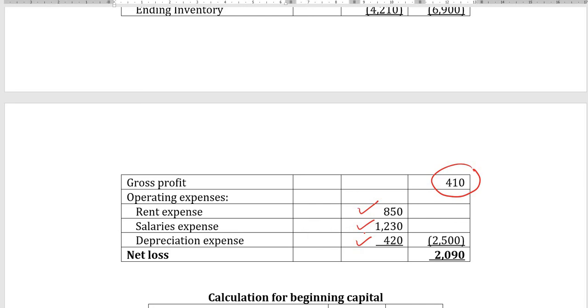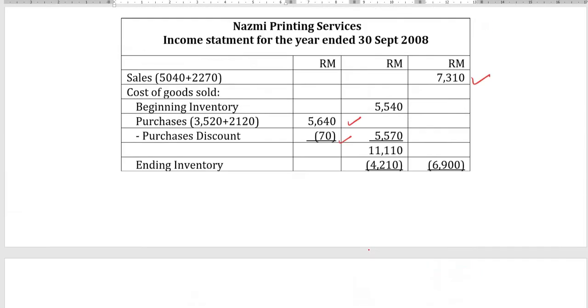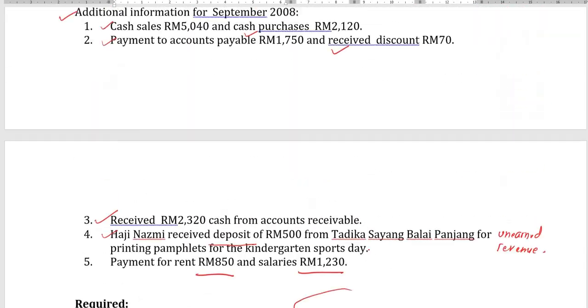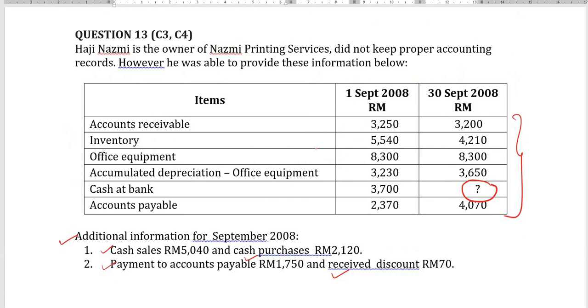Okay, depreciation expense, because in the question it has already been given. Okay, depreciation expense is calculated from here. Because you look here, your office equipment is the same value, so it was not deducted. Okay, but what is actually the depreciation expense for 1 year? You refer to this.